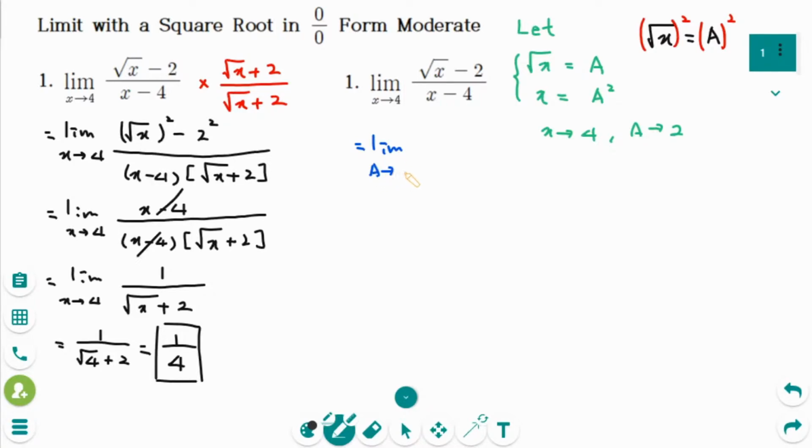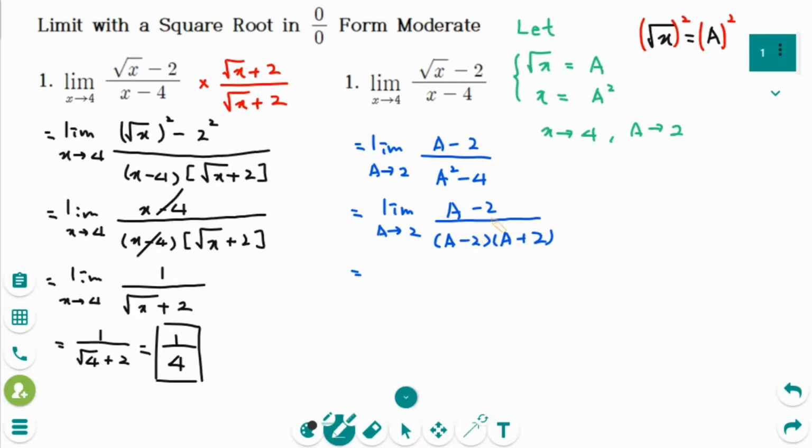as a approaches 2, square root of x, which is a, so a minus 2 over x equals a squared minus 4. Then we can factor the denominator as a minus 2, then a plus 2.